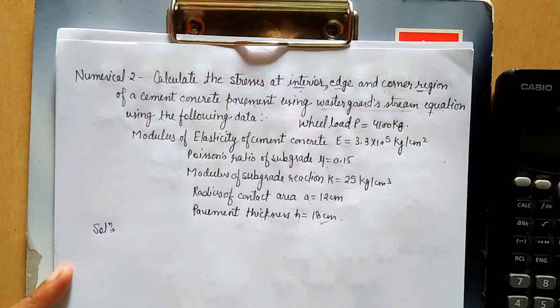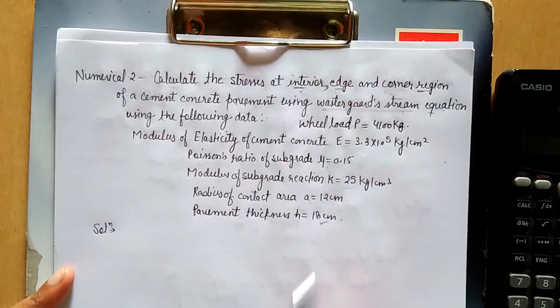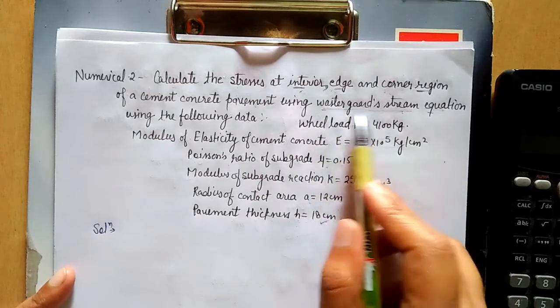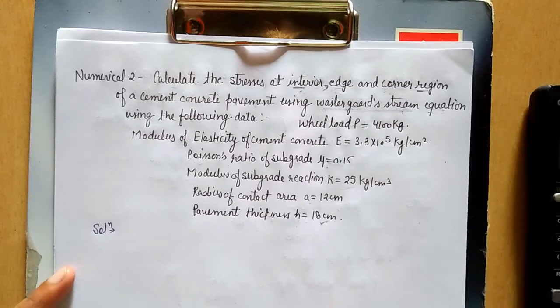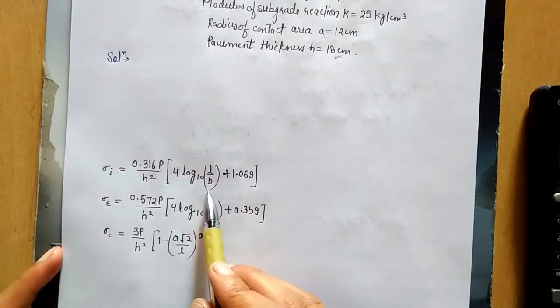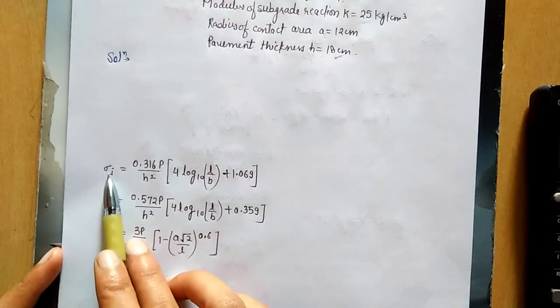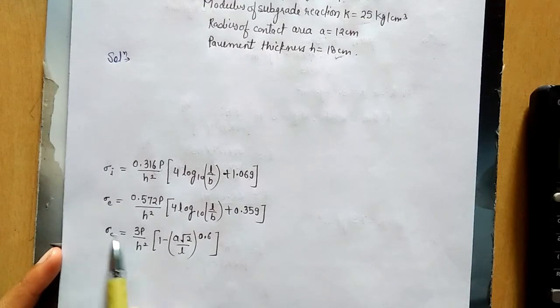To solve this question, first of all, you should know the Westergaard equations for the interior, edge as well as the corner region. So learn all these three equations, very important. Go through it. This is the stress for the interior, stress for the edge, and stress for the corner.